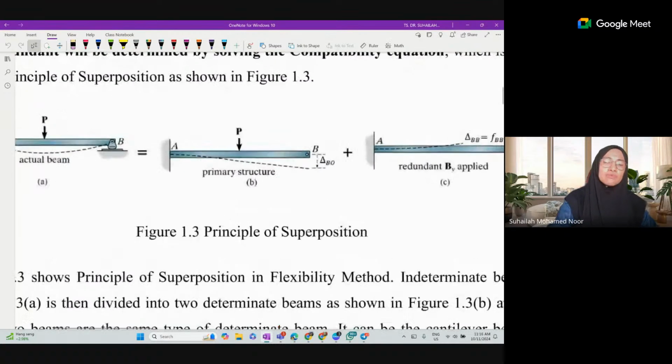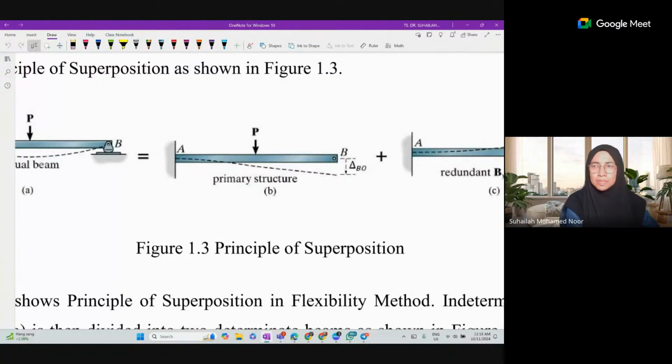After removing BY, the primary structure is a cantilever beam, and as I mentioned in the slide as well, the principle of superposition is based on displacement at the redundant position. If BY is the redundant, it means the position is B. So we have to focus on the displacement at B for all types of structure.